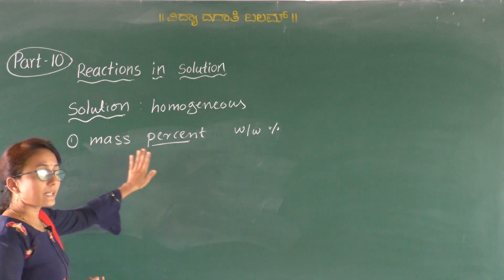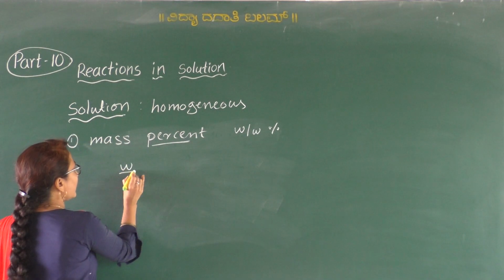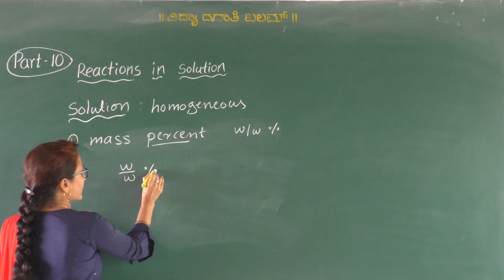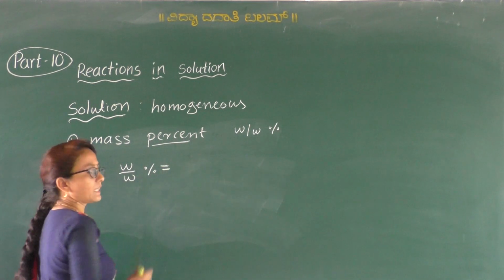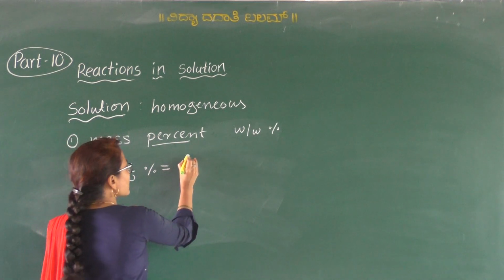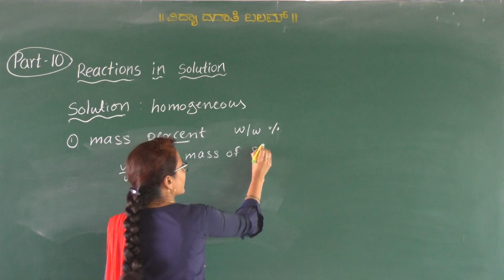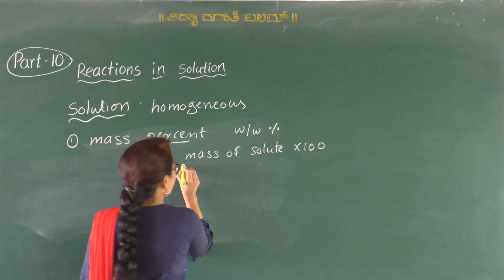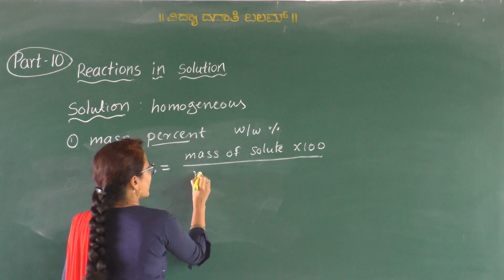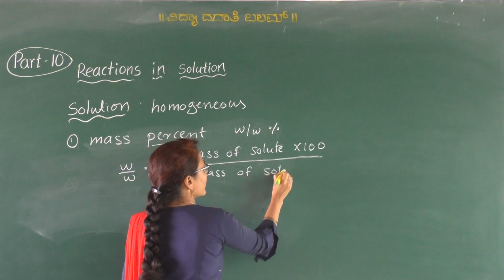Therefore, to calculate the mass percent we have an equation. W by W percent, that is weight percent or mass percent of a solute, is equal to mass of solute into 100, divided by mass of solution.